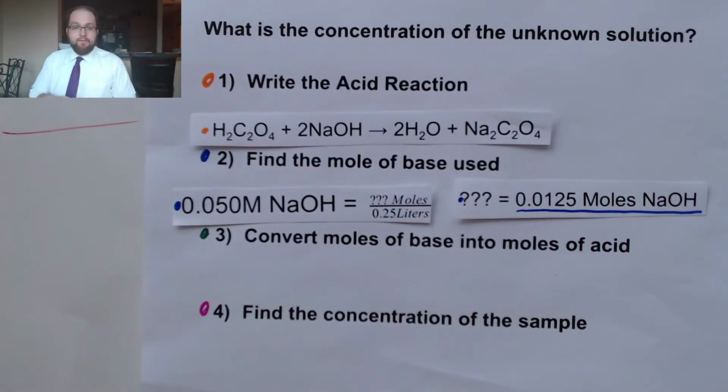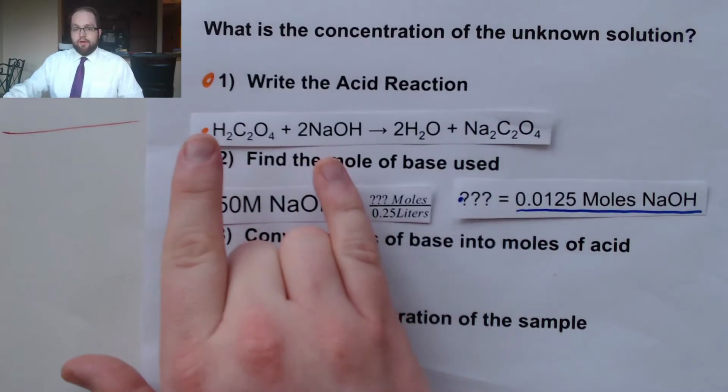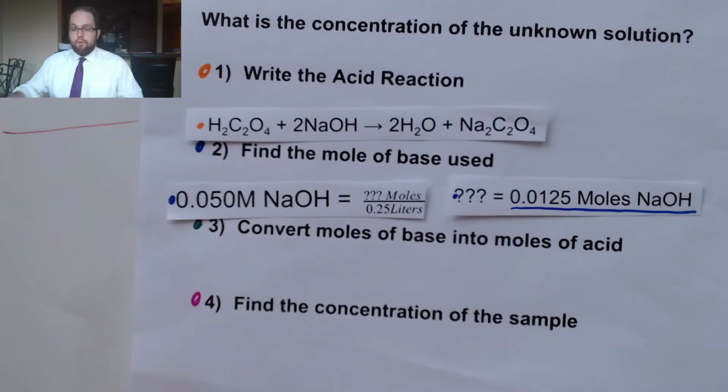Once we've found this, we now need to convert those moles of sodium hydroxide into moles of acid. If you remember when we looked at the reaction in our last videos, this was a 1-to-1 ratio. But notice now this is not a 1-to-1 ratio. It is a 1-to-2 ratio.